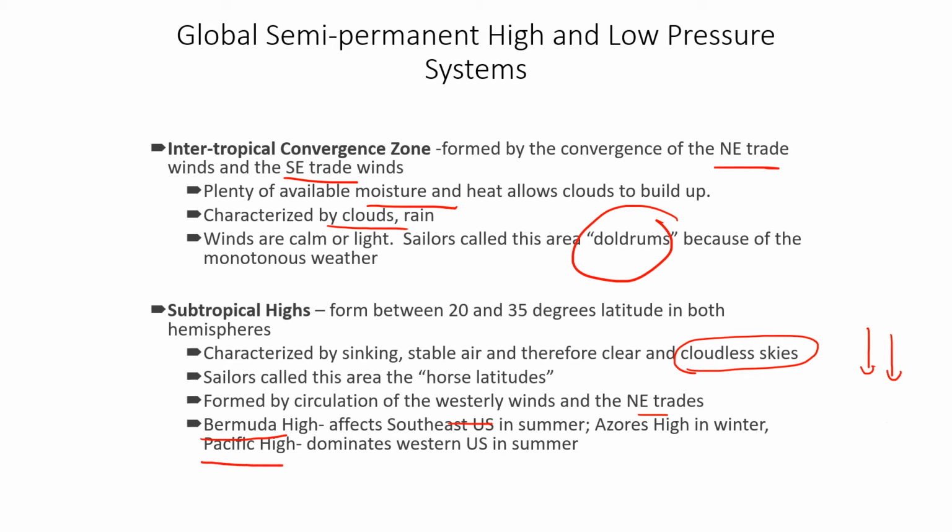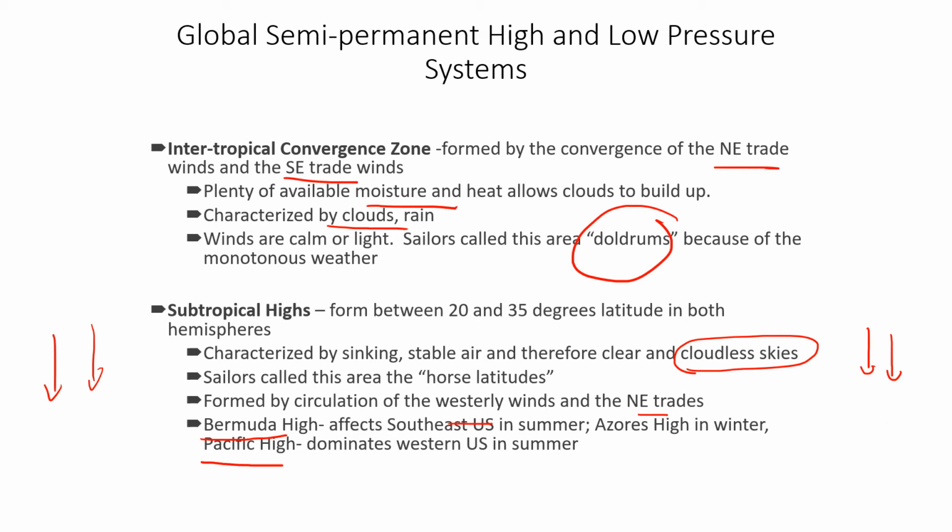It's called the Bermuda High because it's generally placed over Bermuda. In the winter time, the high pressure system moves back toward Africa, and it's called the Azores High.